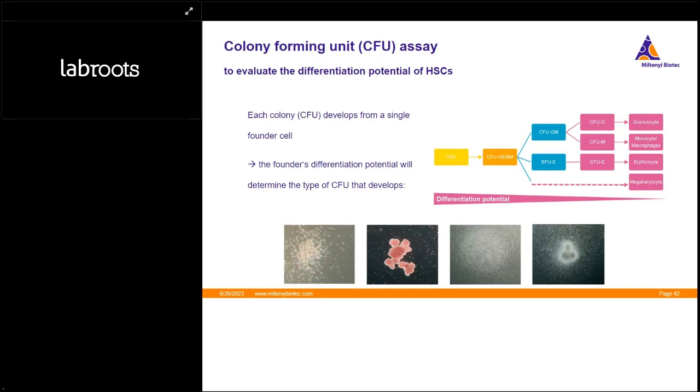Each specific morphology of the CFU shows a specific downstream development potential towards a specific cell population, either granulocytes, macrophage monocytes, RBCs, or other cell types.